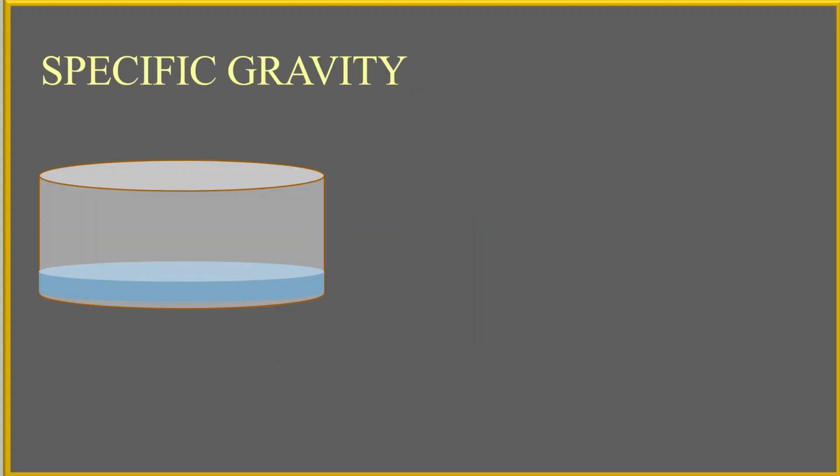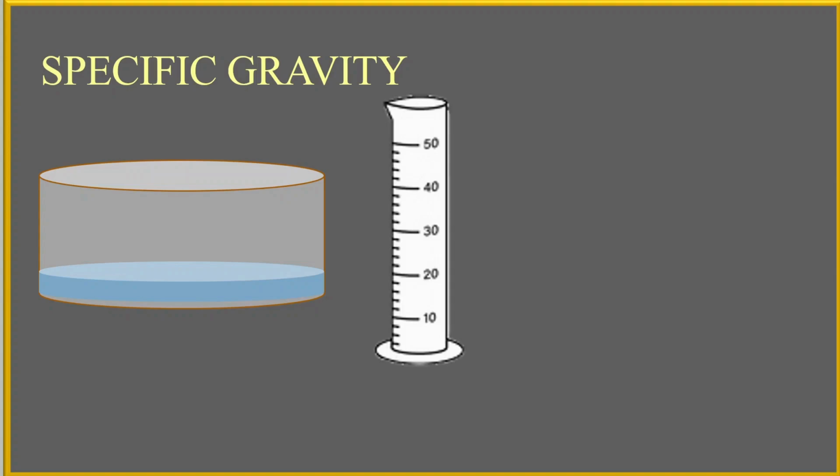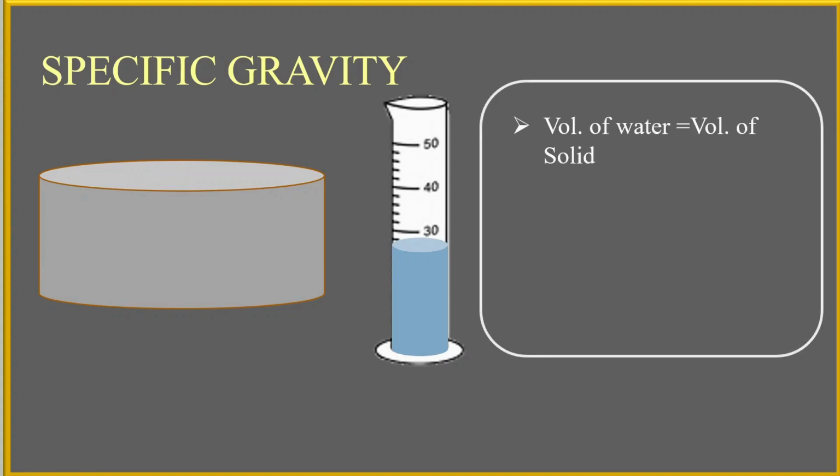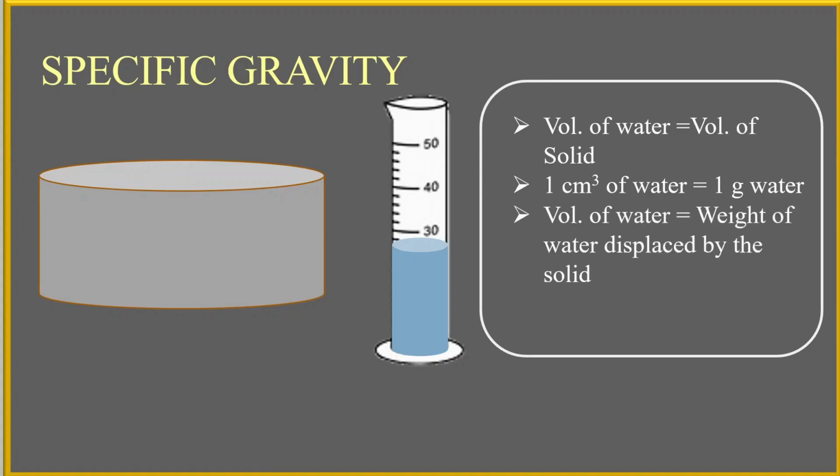Now take the displaced water, and we have a measuring jar here. Transfer the water to a measuring jar and measure its volume. Here we can observe that volume of water is equivalent to volume of solid as per Archimedes principle. And 1 centimeter cube of water is equal to 1 gram of water, as density of water is 1 gram per cc.